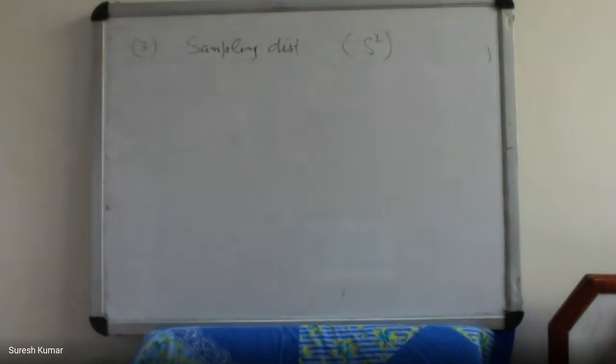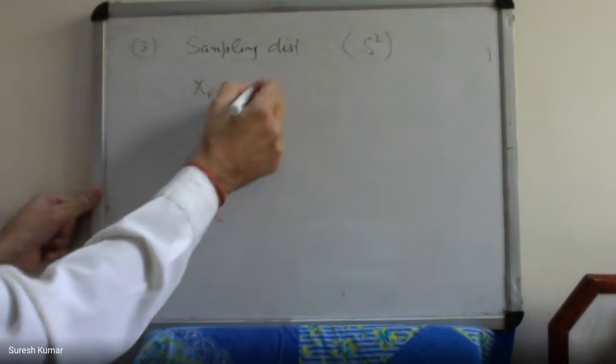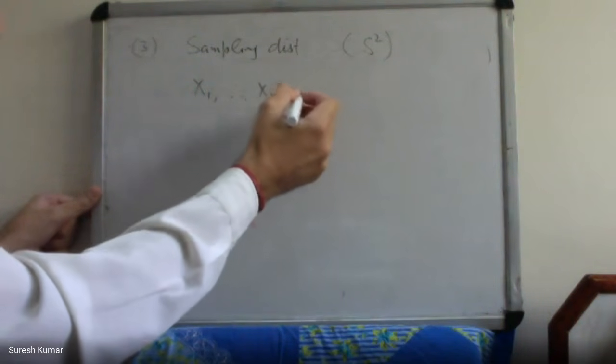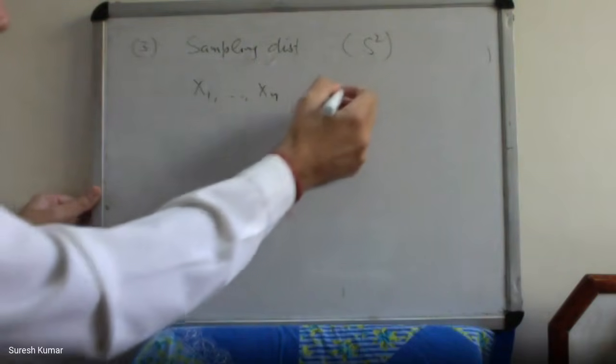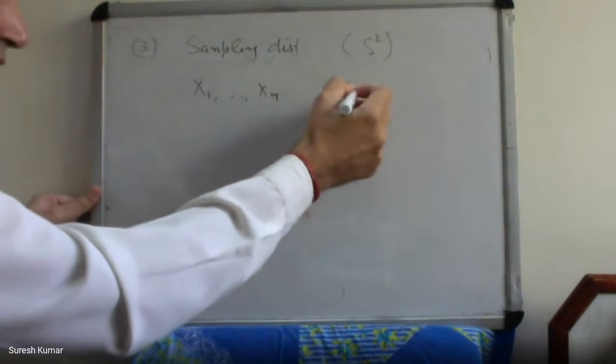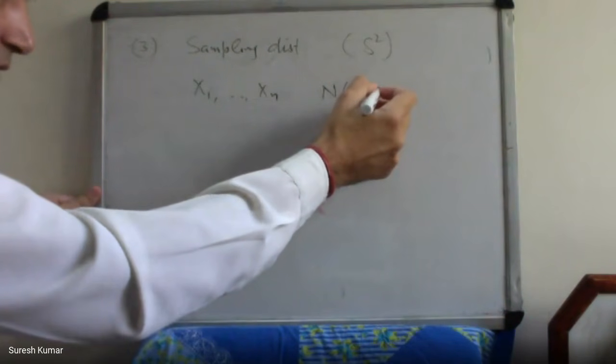Suppose the random sample is taken from a normal population with mean, whether you know it or don't know it, it's fine, and variance sigma square.